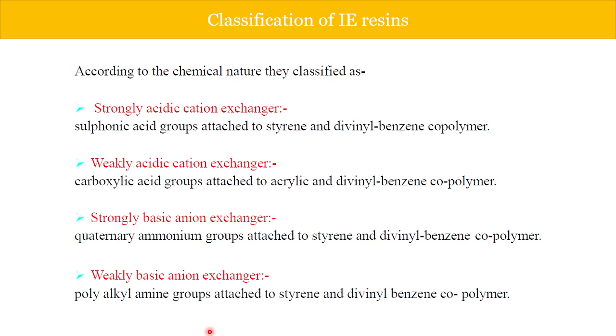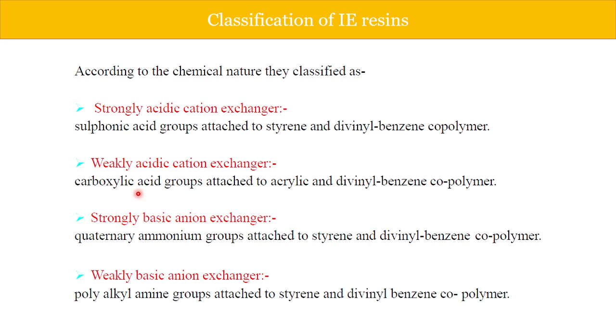Now, if we classify the ion exchange resins according to chemical nature, they can be classified as strongly acidic cation exchanger, in which you have sulfonic acid groups attached to the styrene and divinyl benzene copolymer. After which you have the weakly acidic cation exchanger, which includes carboxylic acid groups attached to the acrylic and divinyl benzene copolymer.